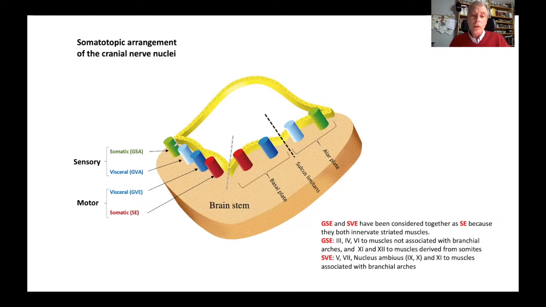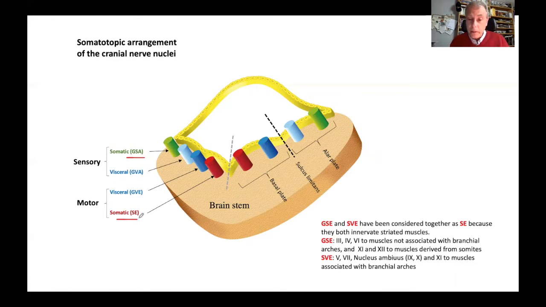So the more dorsal one is for general somatic afferent. So the fibers that form the component of the general somatic afferent, they are located dorsally. And on the opposite, the more ventral ones are the somatic afferent.